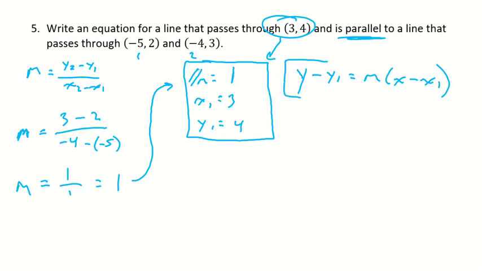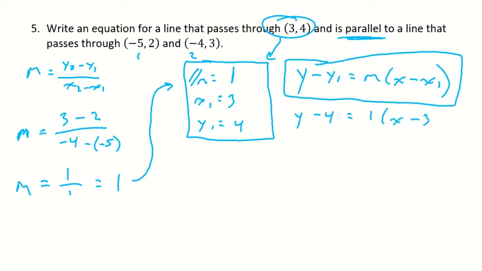Again, using that point slope form of a line, we'll substitute from the initial box, gathering our given information. Y minus 4 equals 1 times x minus 3.